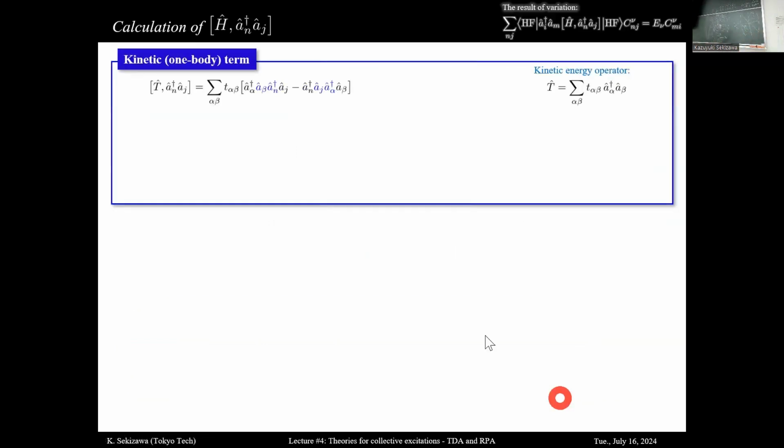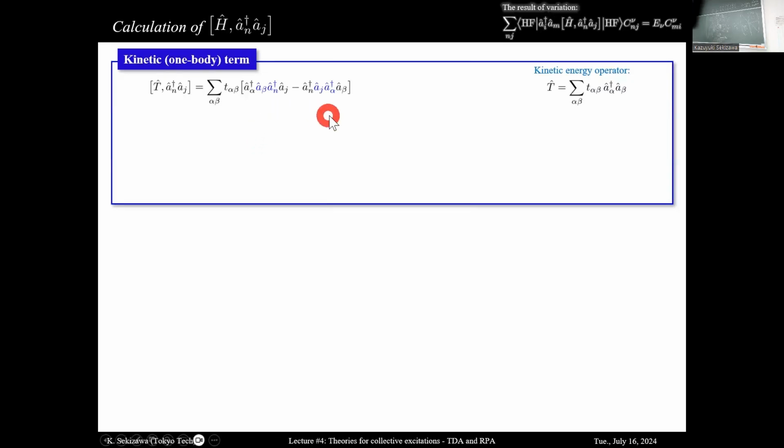But those calculations are very similar to what we learned in the last lecture. For instance, this is the case of the kinetic term. H contains the kinetic and interaction terms, and this is the one-body kinetic term.